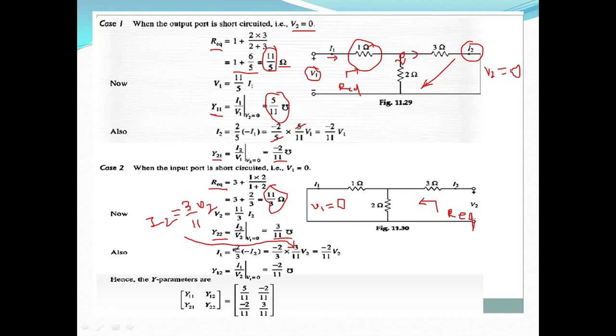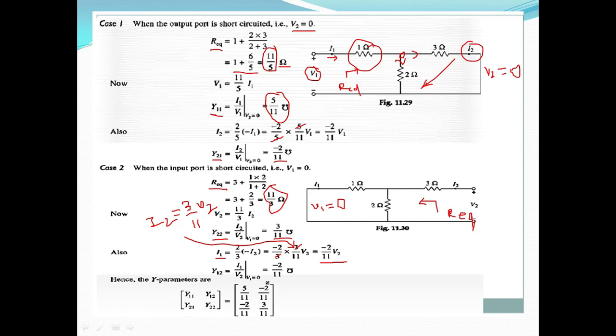So I1 is equal to minus 2 upon 3 into I2, which is minus 2 upon 3 into 3 upon 11 V2, and this 3 and 3 get cancelled, then minus 2 upon 11 V2 remains. So I1 upon V2, which is Y12, is equal to minus 2 upon 11.